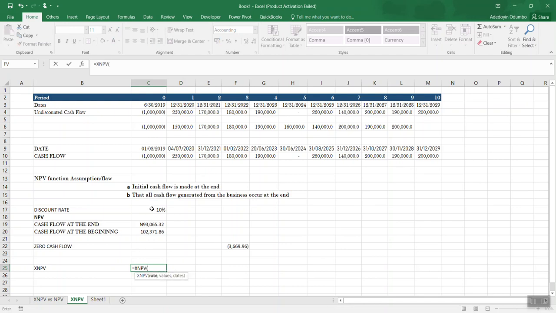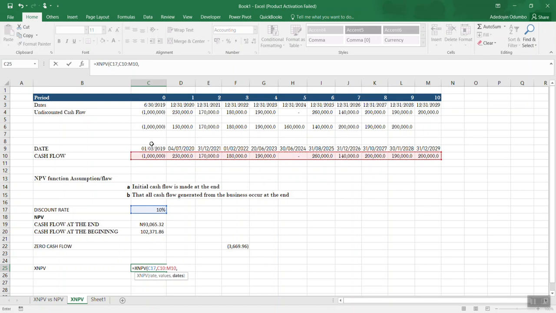What is my rate? My rate is 10%. I move on to my next argument. The next argument is value. I'm going to apply all my values from beginning to the end, only my values. I press comma again.